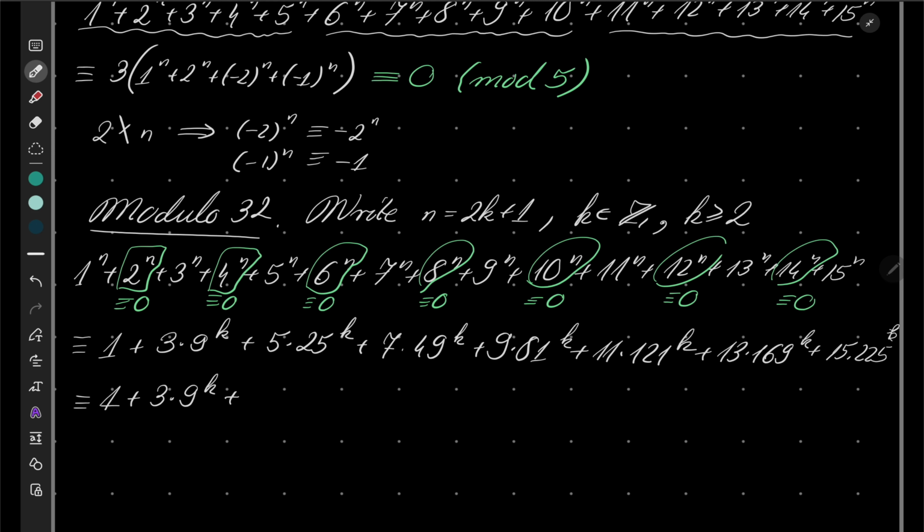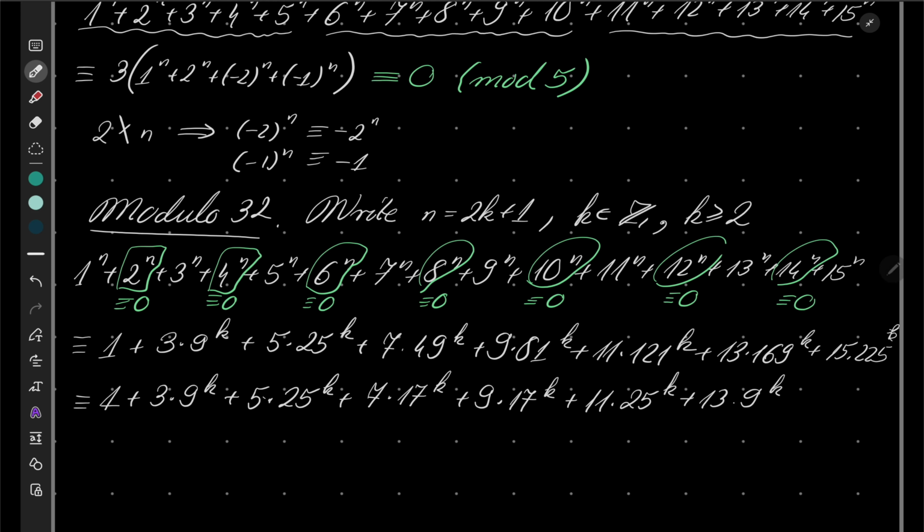First numbers will stay the same, but 49 happens to be congruent to 17 modulo 32. 81 is also congruent to 17. 121 is congruent to 25. 169 is congruent to 9, and 225 is congruent to 1. And now let's group our terms.